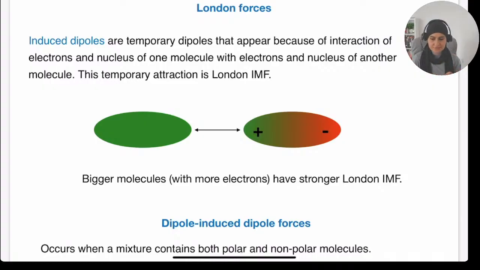London forces are affected by the number of electrons in the molecule, which is very logical, right, since it's electrons that are moving. So the more electrons you have, the stronger the London forces. And by the way, with London forces, we can explain the melting and boiling points of halogens. For example, if you think about F2, Cl2, Br2, I2, I wrote them how they are in the periodic table.